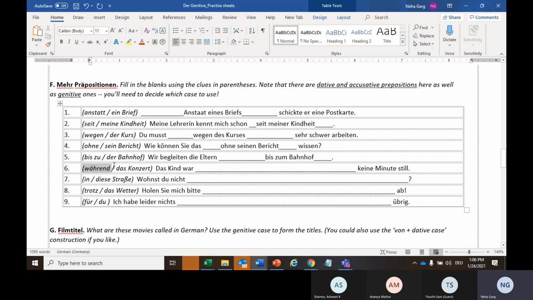Next, Nummer 6, Ashwini. Das Kind war während des Konzerts keine Minute still.